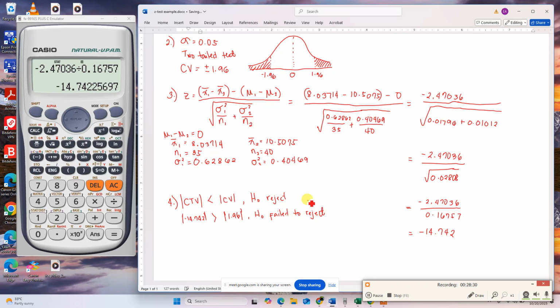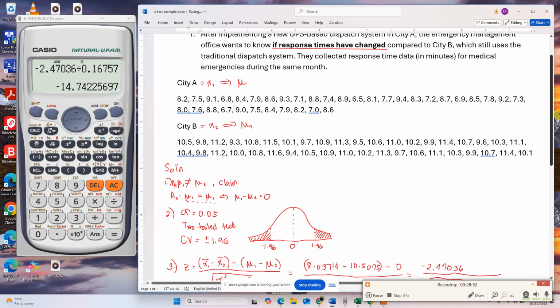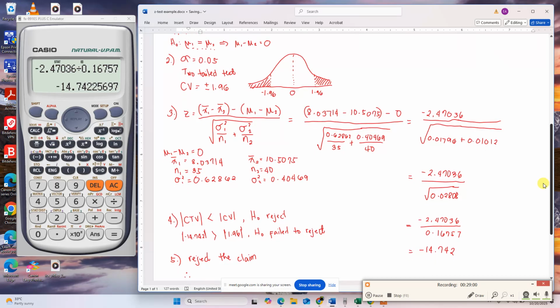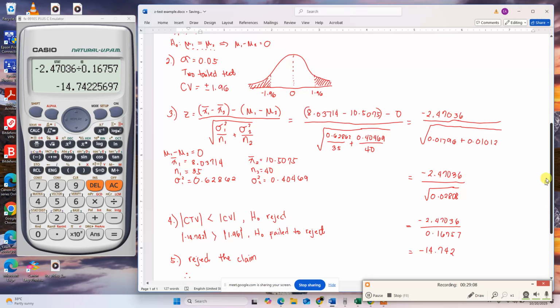So since it's failed to reject, we can now say for our conclusion, we have to reject the claim. Therefore, if we go back to our claim, remember that the claim here is the alternative. So we fail to reject the null hypothesis, meaning we reject the alternative.